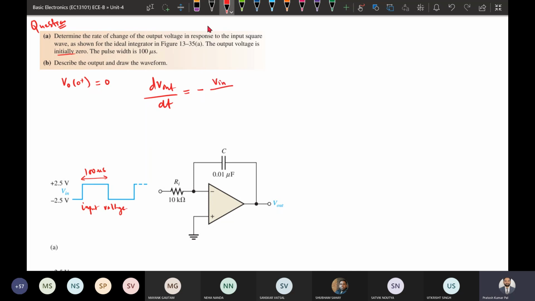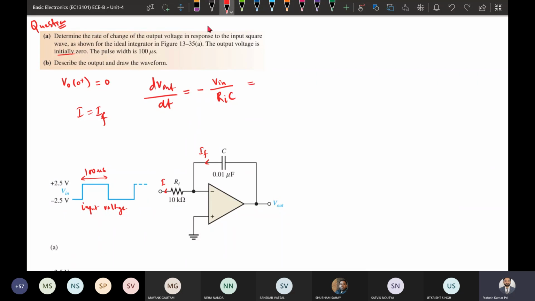That will be Vin divided by R and C. After integrating both sides we have got this expression, and it can be obtained by comparing the currents, the input current I and the feedback current IF. By equating I equals IF, we can get this expression.